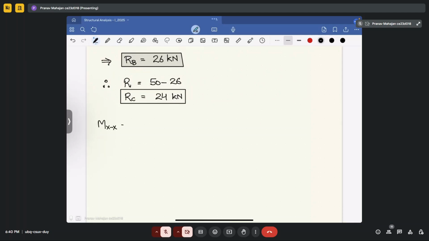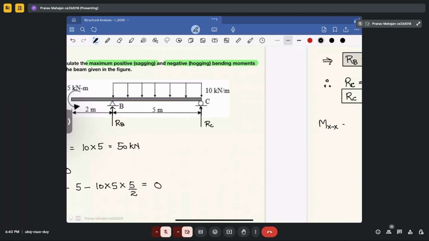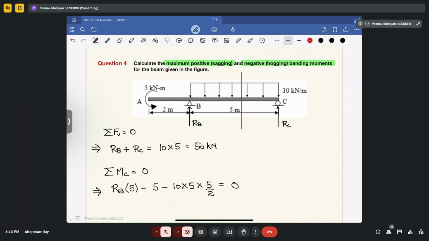Not RA. So take a section XX from point C. Okay. So let's let this distance be x.